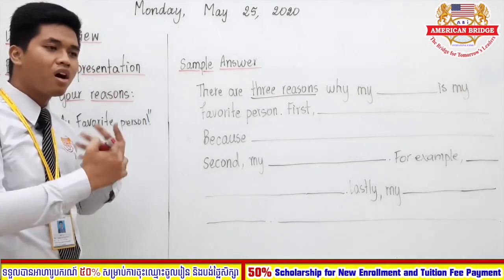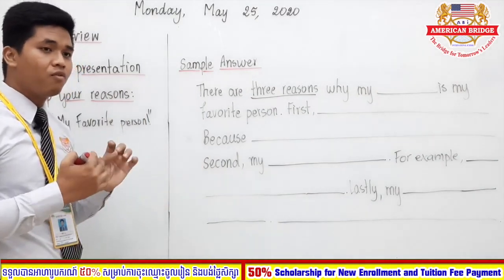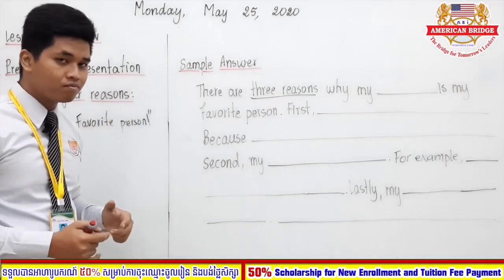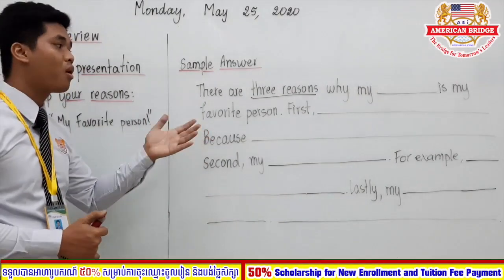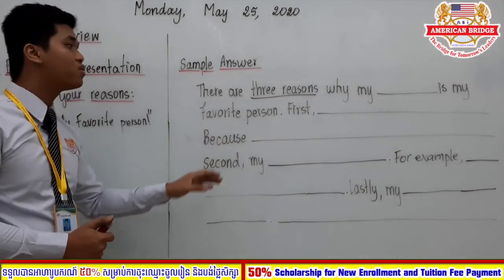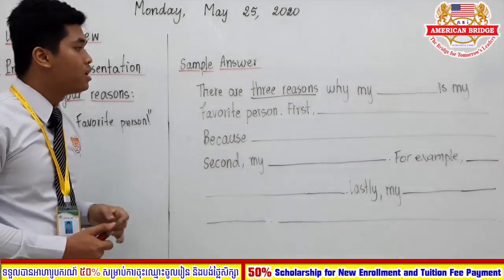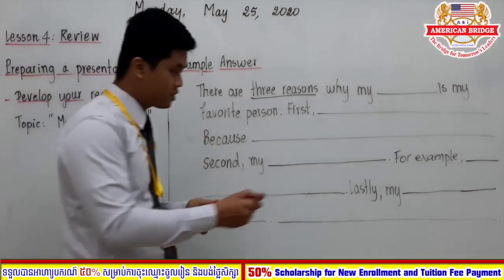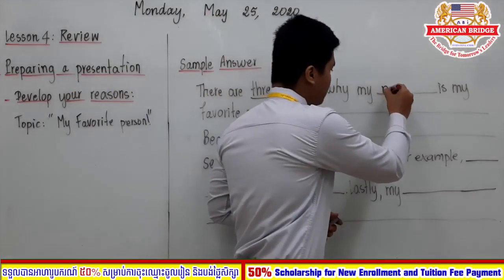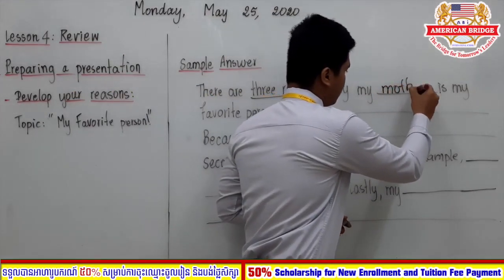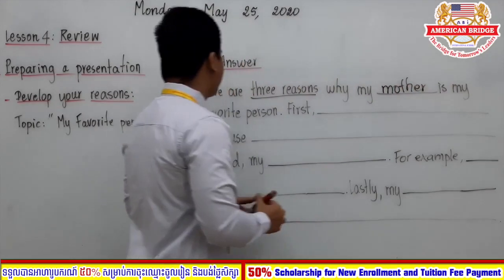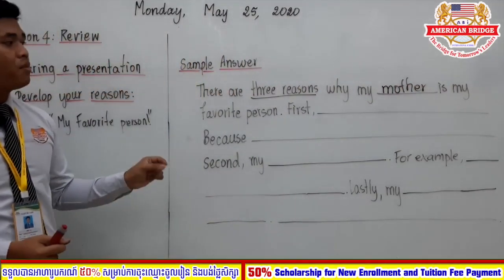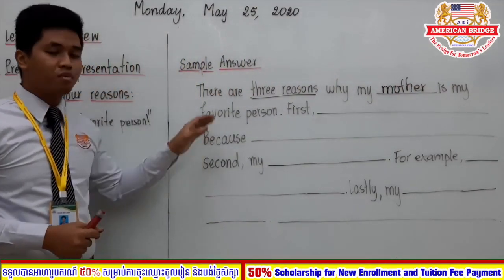If you have a lot of ideas to support why you like that person, it's a good idea to add more. But in this video, I choose only 3 reasons. The person that I choose is my mother. So there are 3 reasons why my mother is my favorite person.